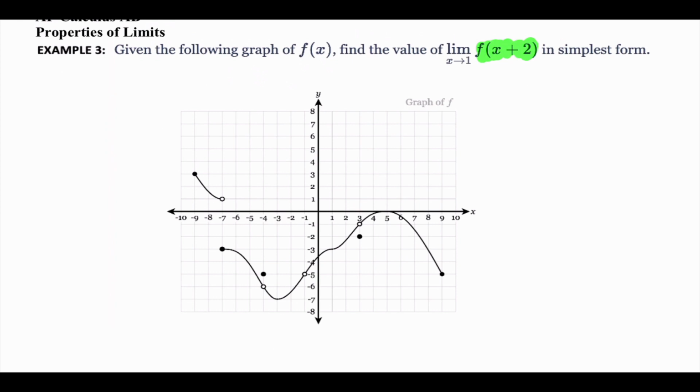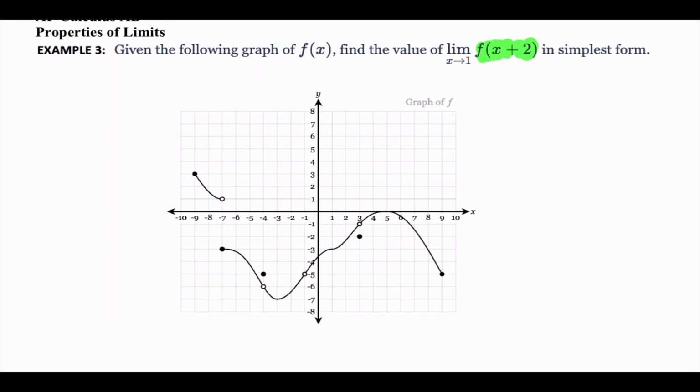How do we do this? It's not as hard as you think. There are two ways to do it. Plug in 1 for x? Kind of, yeah, I know what you're saying.